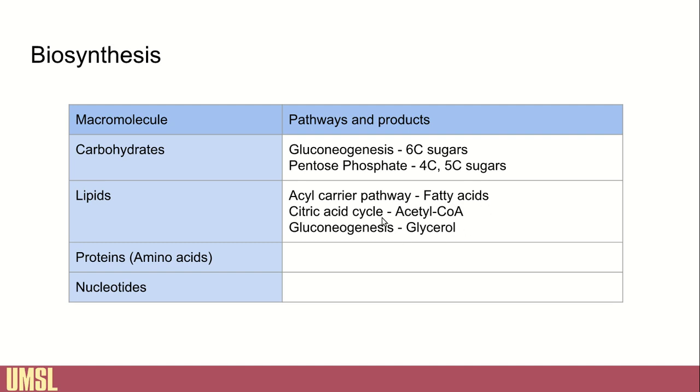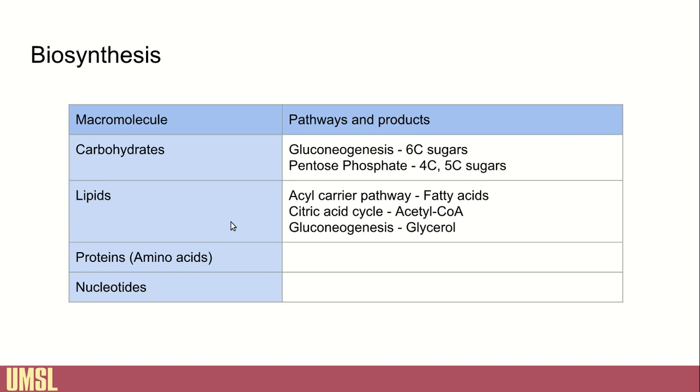You need the citric acid cycle to produce acetyl-CoA indirectly, or glycolysis that you can produce acetyl-CoA, or you need gluconeogenesis to produce glycerol, or you can get glycerol through glycolysis. So what I'm showing here mostly are the reverse reactions like gluconeogenesis to produce things.